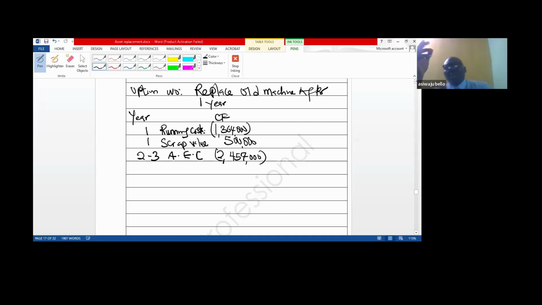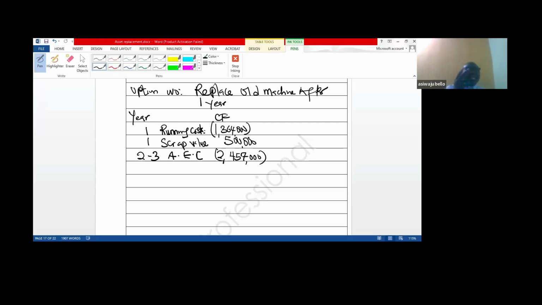These are the relevant cash flows. If the old asset is used for 1 year, you are going to incur the relevant running cost of the old assets, the scrap value of the old assets, then the annual equivalent cost of the new assets. But the years have reduced because we have used the first year for the old asset.